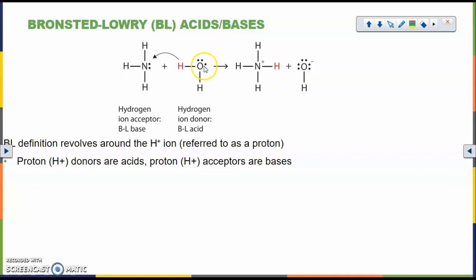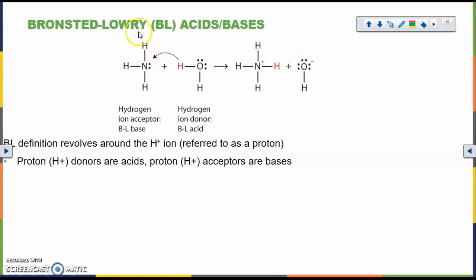So if we look at this one again, in a Bronsted-Lowry acid-base definition, you'll always have both reacting with each other. In this case, water is the Bronsted-Lowry acid because, as you guys can see, on the product side, water has lost a hydrogen atom.